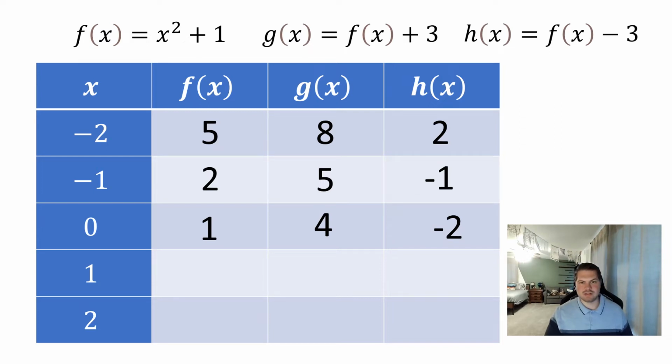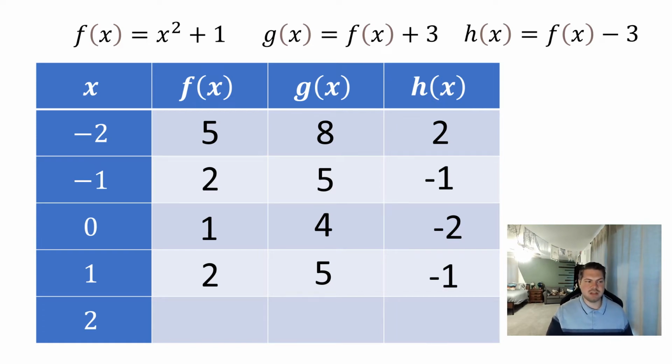Now, you'll notice for this next part, it kind of repeats itself because when we did -1 squared, that became positive 1. 1 times 1 is also positive 1, and then plus 1, so you get 2. And then if f of x is 2, then g of x is 5, and h of x is -1.